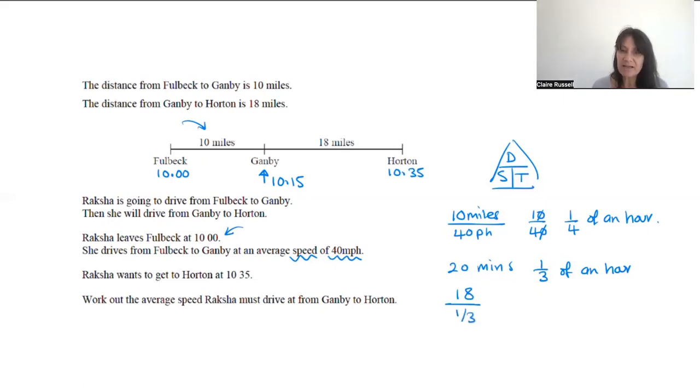Well, this is a dividing by a fraction question, so it's much easier to show it as that. I've got 18 to divide by a third. I'll put that over 1. Keep, change, flip, and I've got 18 times 3 is 54, and 54 over 1 is 54. So 54 miles per hour is the answer on that one.